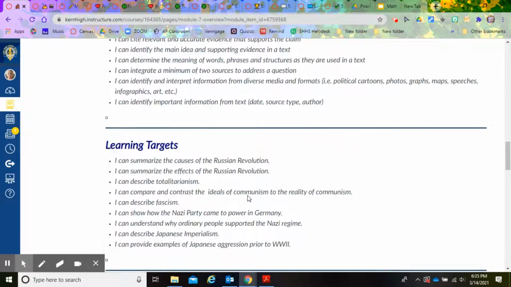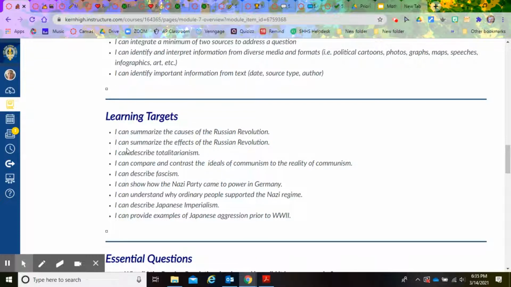Okay, here are our learning targets. By the end of this unit, you can summarize the causes of the Russian Revolution. You can summarize the effects of the Russian Revolution. You can describe what totalitarianism is. You will be able to compare and contrast the ideals of communism to the reality of communism.